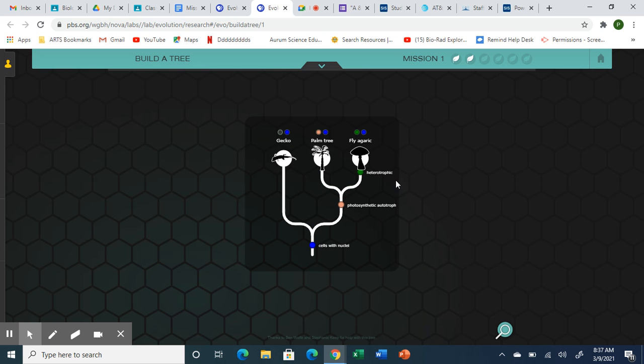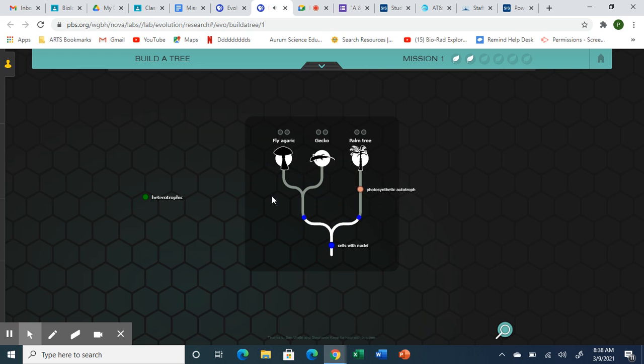All right. So you see I'm stuck right here. So maybe I put this at the wrong point in the tree. Let's move our, maybe a mushroom is more closely related to a gecko. What's the matter with my gecko?